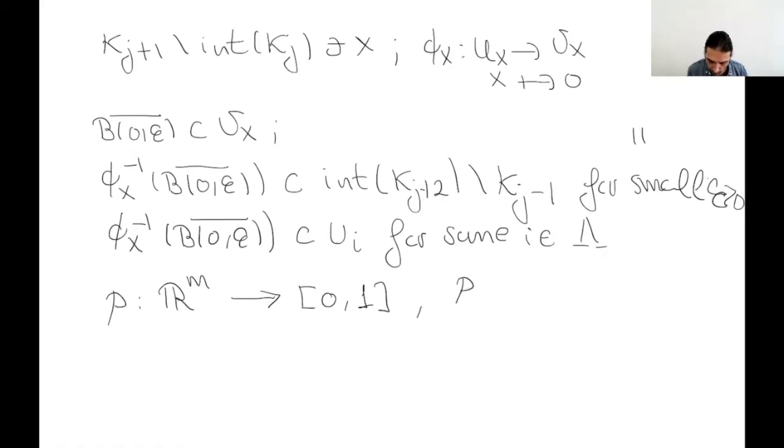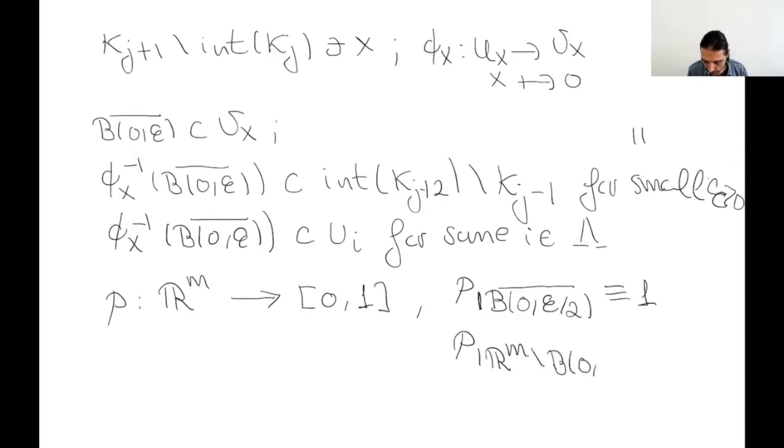We are going to require that the restriction of rho to the ball of center 0 and radius epsilon divided by 2 is equal to 1, and that rho restricted to the complement of the ball of center 0 and radius epsilon is equal to 0. And then what we're going to do is consider the composition of rho and phi sub x.